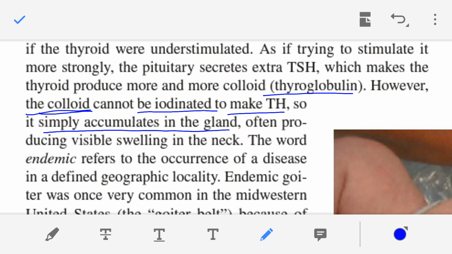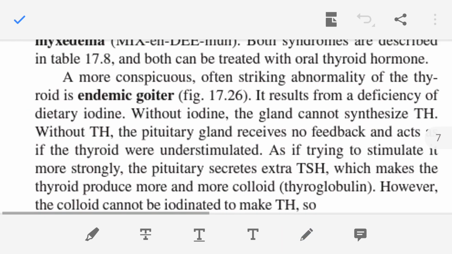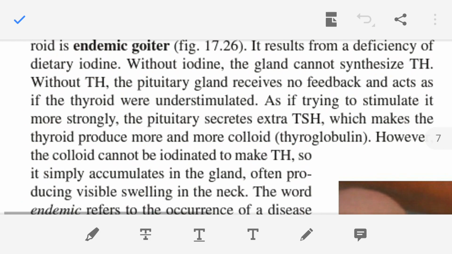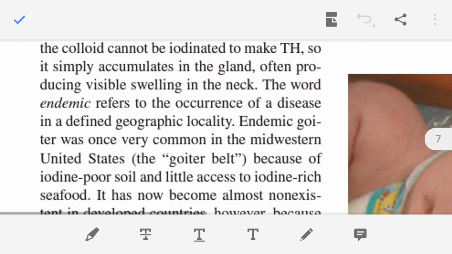Due to the accumulation of colloid in the thyroid gland, there is often a swelling in the neck. So the thyroid gland enlarges in size. This is the exact cause, this is the exact reason why the goiter is occurring in the patient.